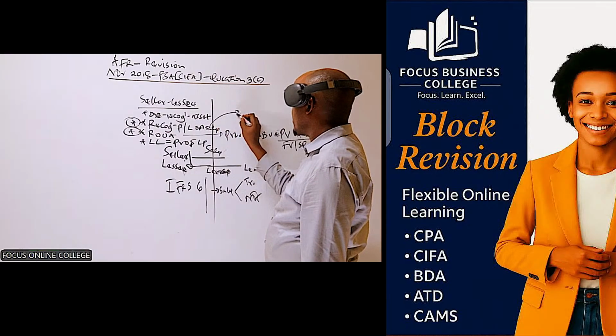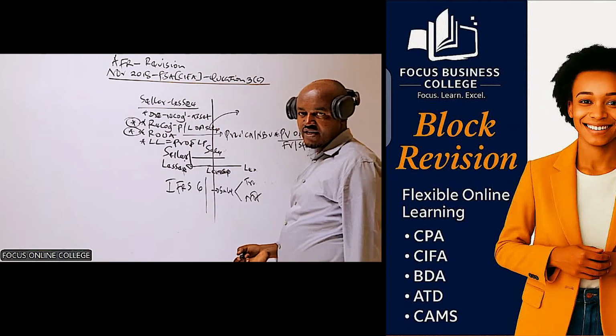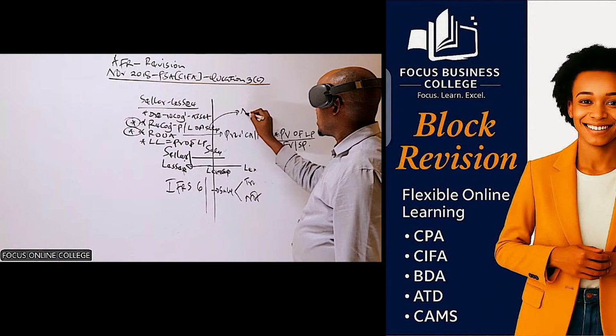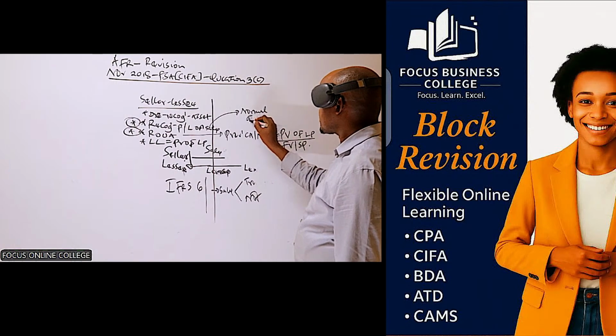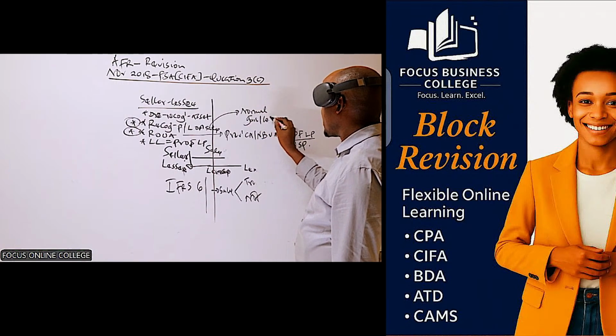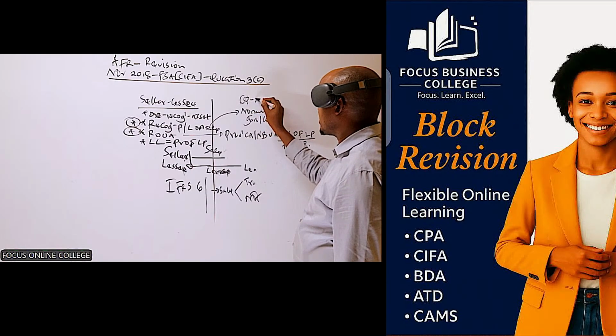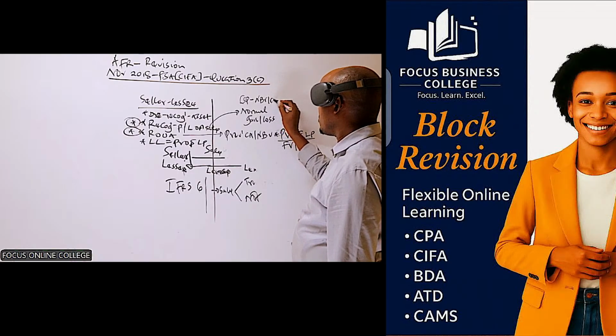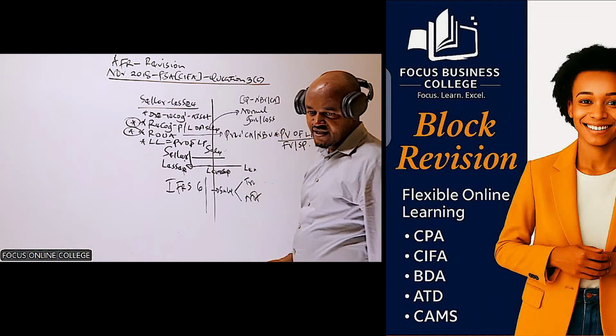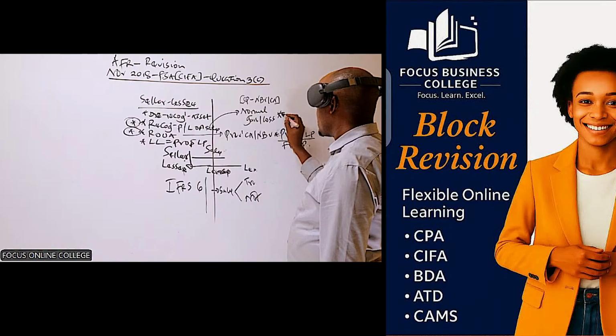What about this one? How do we compute the profit or the loss on a sale? We said we compute the normal gain or loss by taking the sales proceeds minus the net book value, or the carrying amount, of the asset. And basically, we multiply this with what?